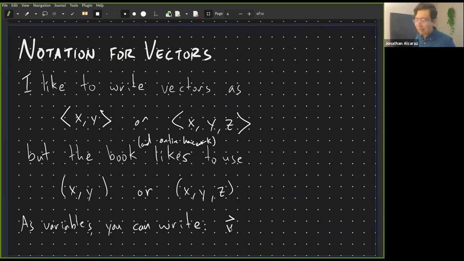I would write it like this, the little v with a little arrow above it that tells you this v is not just a regular old variable, it's actually a vector. But if you're typing or reading something that was typed, they'll probably just use bold.